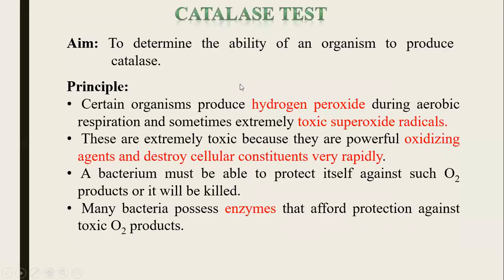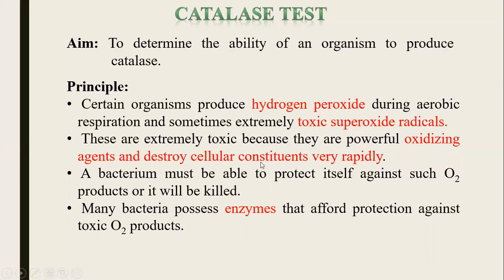Next, catalase test. Catalase test is used to detect the ability of bacteria to produce catalase enzyme. There are certain organisms which produce hydrogen peroxide during aerobic respiration and sometimes extremely toxic superoxide radicals. The presence of superoxide radicals causes destruction of the cell constituents, and thereby is toxic to the cells.